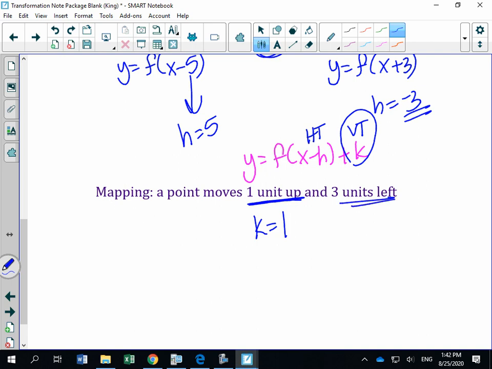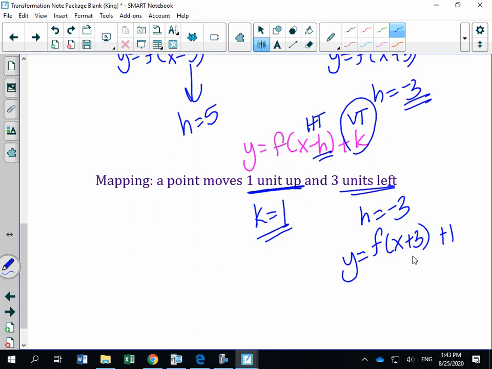What would 3 units left be? That's your h value. H is equal to negative 3, right? 3 units left would be f of x plus 3. And then 1 unit up would be plus 1. Y is equal to. Okay, so this would be a function that moves 1 unit up and 3 units to the left.